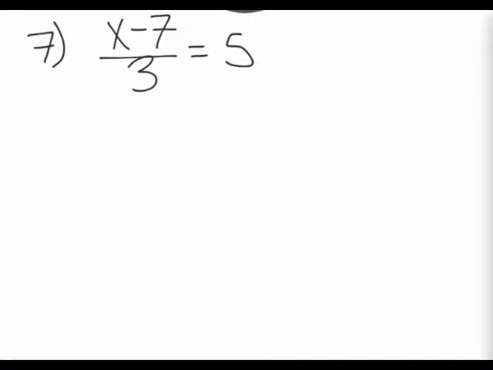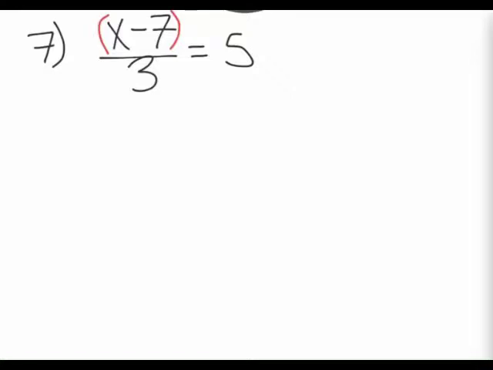Now, some students might be tempted to move the 7 to the other side of the equation first, but you can't quite do that. We actually have to move the 3 to the other side of the equation. Now, something else that might help here is to recognize that the fraction bar acts as a grouping symbol. So all this stuff on the top, there's really an imaginary set of parentheses around the x minus 7.